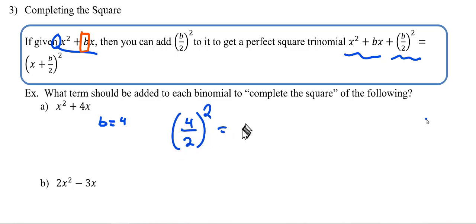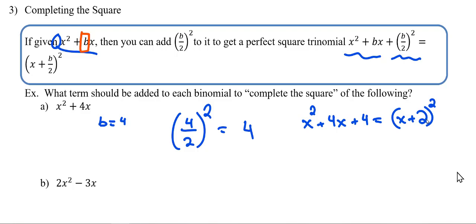Well, 4 divided by 2 is 2, so that works out to be 4. What happens when we do that is we get x squared plus 4x. If we add that 4, this becomes a nice, pretty, perfect square. x plus 2 quantity squared is what you get there. Okay, so that's what we're going to do.